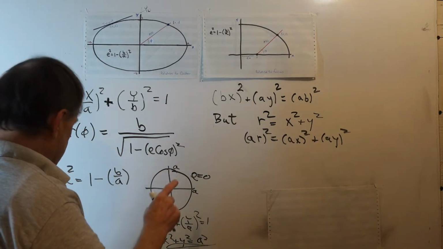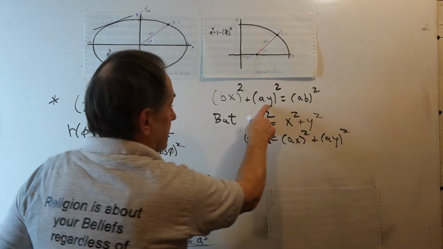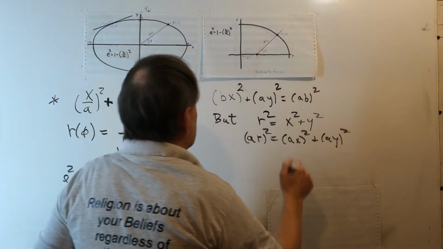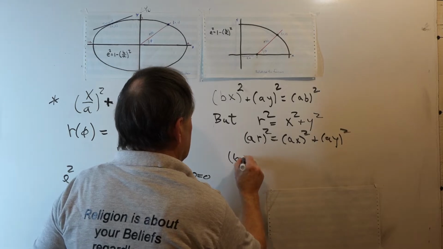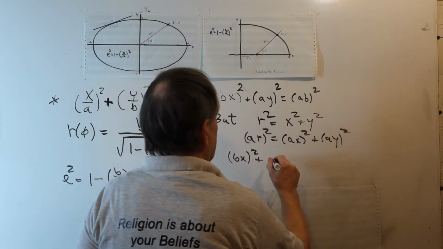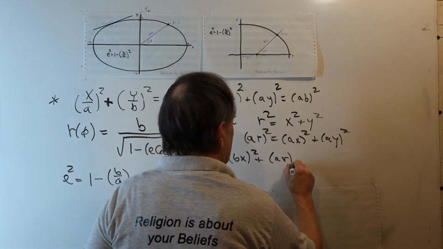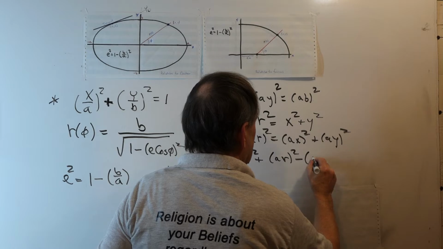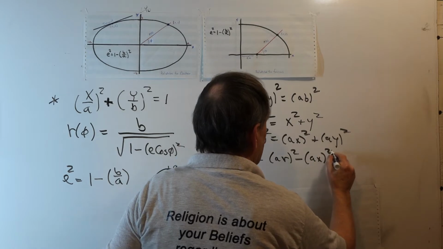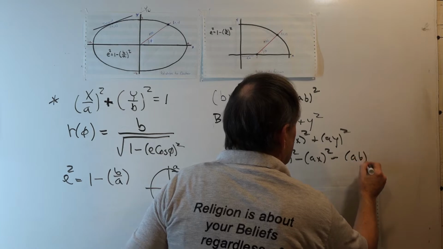Now let's substitute for a y squared into this equation. So we end up with b x squared plus a y squared then would be a r squared minus a x squared equals a b squared.